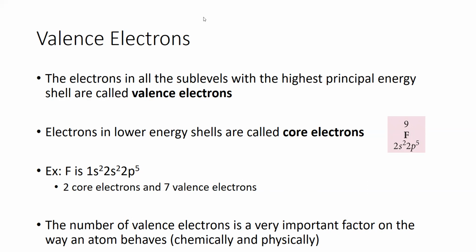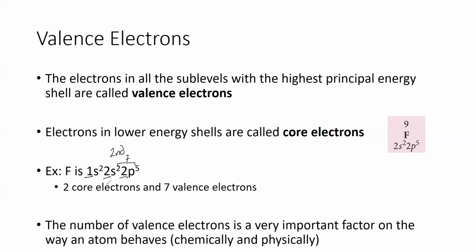What I mean by that is if we look at fluorine, you have two different energy levels: the first energy level and the second energy level. So the highest energy level for fluorine is the second. And any electrons in the highest energy level are called valence electrons. These are the ones that do chemistry. So we have 7 valence electrons in fluorine, 2 + 5.